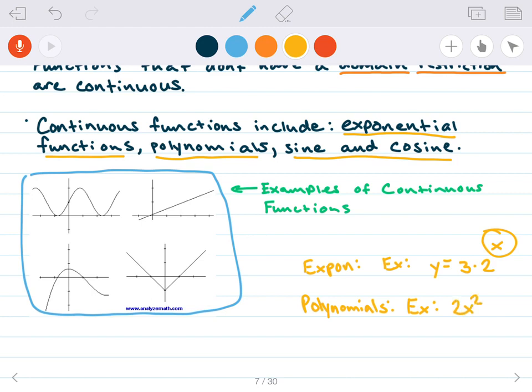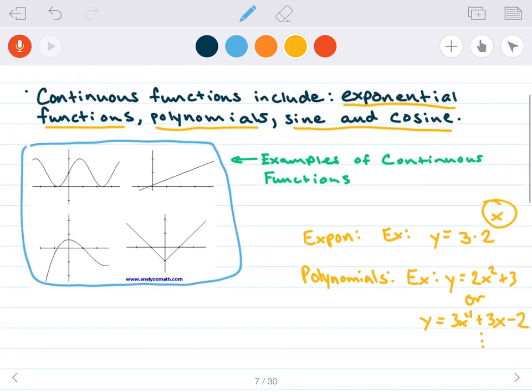Let's do y equals 2x squared plus 3, or maybe y equals 3x to the 4th plus 3x minus 2. These are all examples of polynomials.